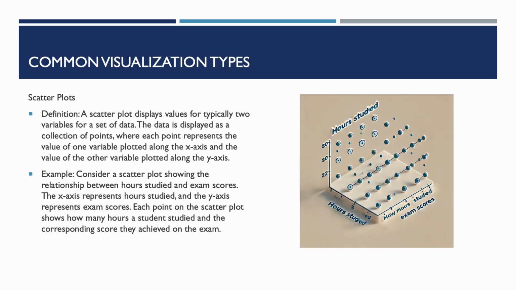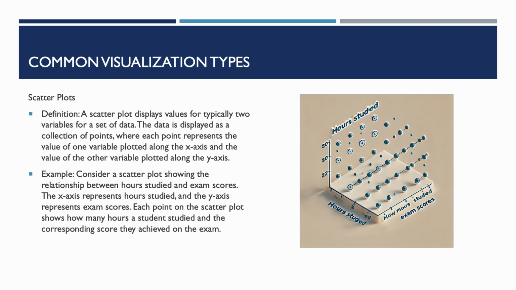Scatter plots. A scatter plot displays values for typically two variables for a set of data. The data is displayed as a collection of points where each point represents the value of one variable plotted along the x-axis and the value of the other variable plotted along the y-axis.